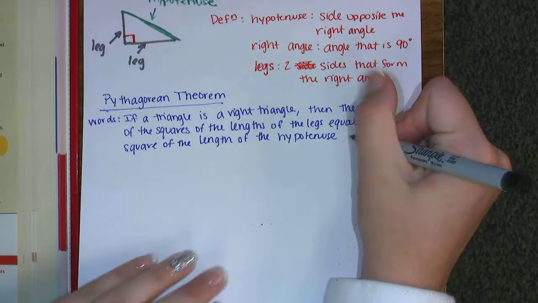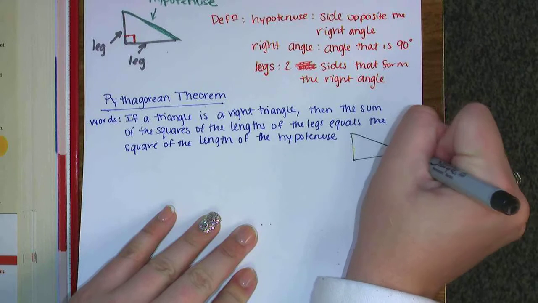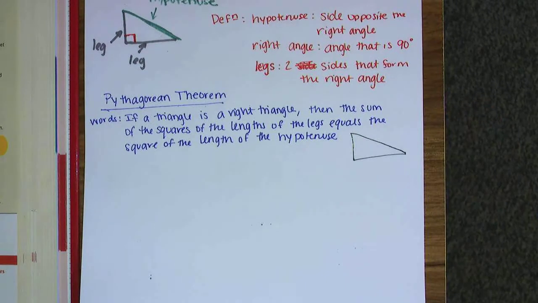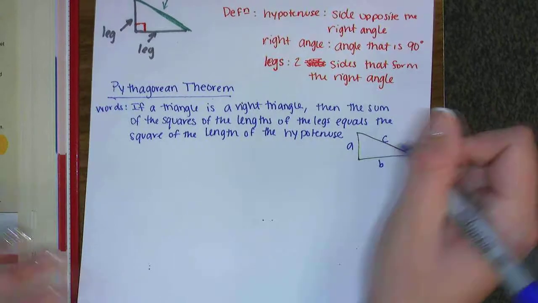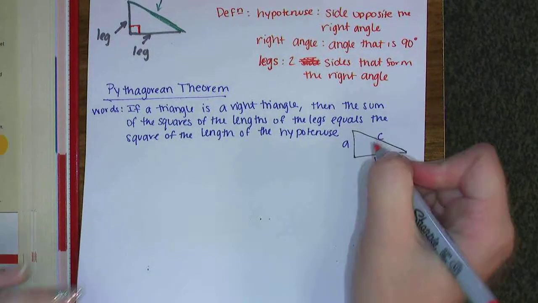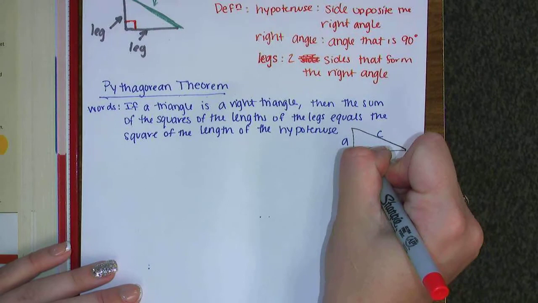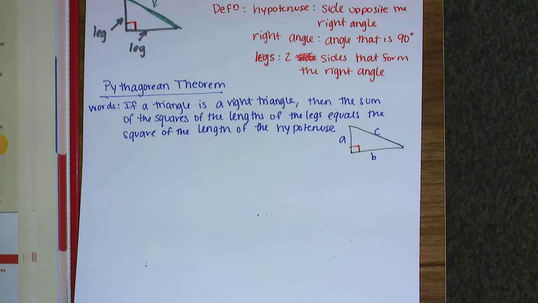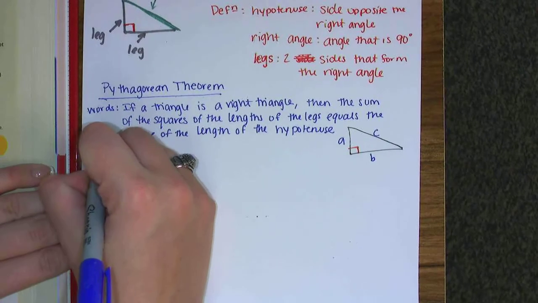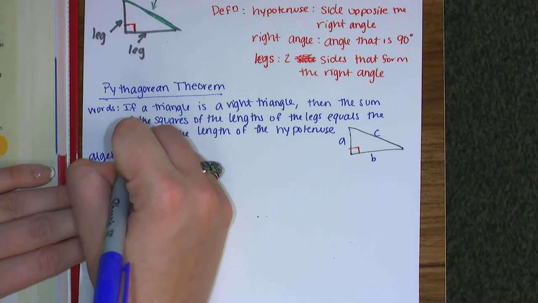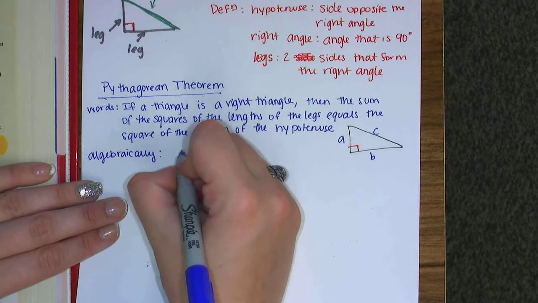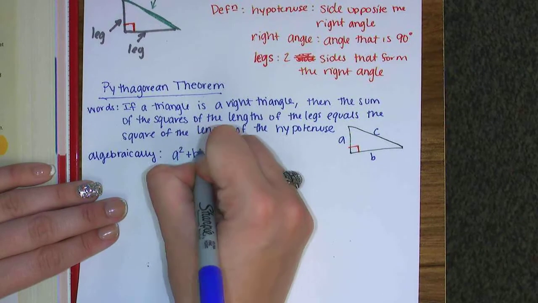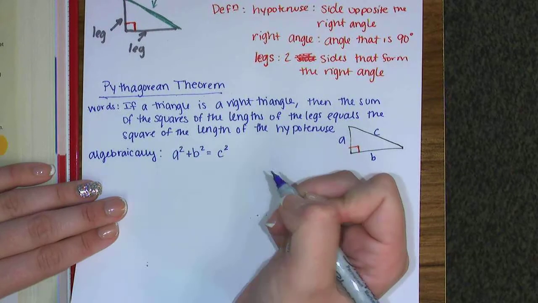So, I have my right triangle here, side A, side B, and side C. Okay, and C has to be on the hypotenuse, okay, because there's my right angle. Then we say, algebraically, and the way that we will always do it is A squared plus B squared is equal to C squared.